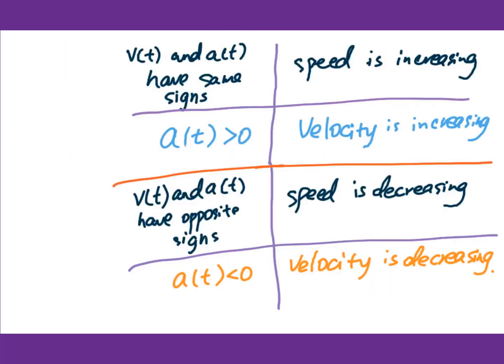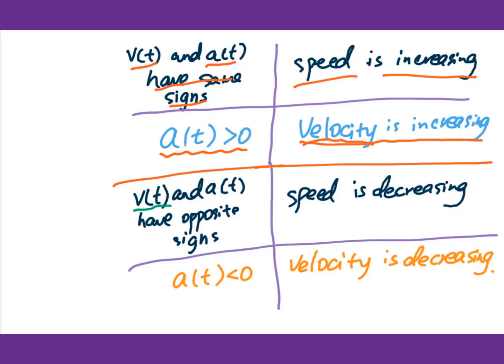So in what situation is the speed increasing? When velocity and acceleration have the same sign, then the speed is increasing. When the acceleration is positive, it means the velocity is increasing.